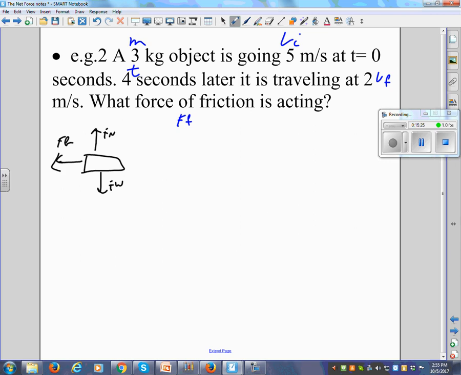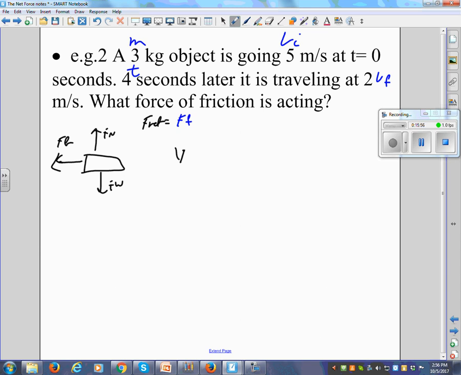So in other words, the F net equals the Ff, right? So F net equals ma. So I gotta find the a. There's nothing pushing it. It just says what force of friction. It's just slowing down, right? So something rolling down the hall, slowing down. So I think you're right. I think we got to find the a, right?